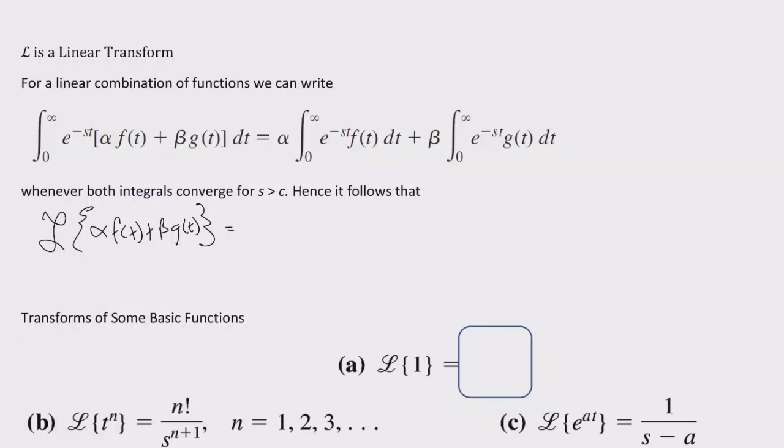So we can factor out the alpha outside our Laplace of f of t, and we can factor out the beta outside the Laplace of g of t. And since the Laplace transform simply converts a function in terms of t into a function in terms of s, then our final result is going to be that s function for both f and g.